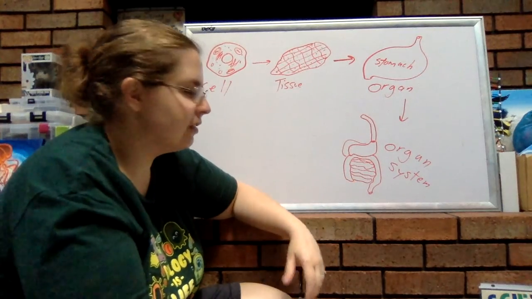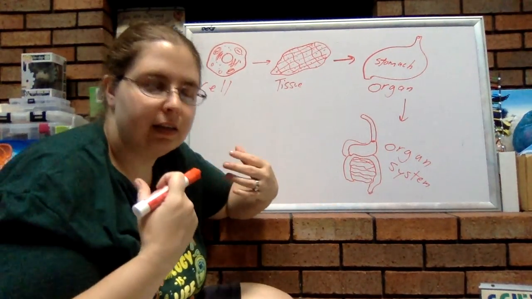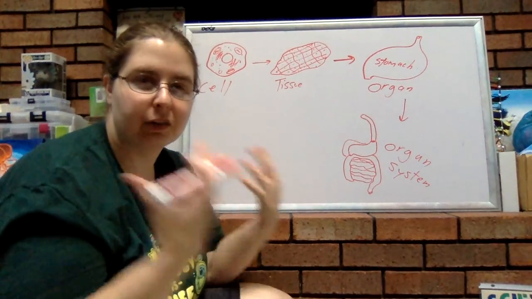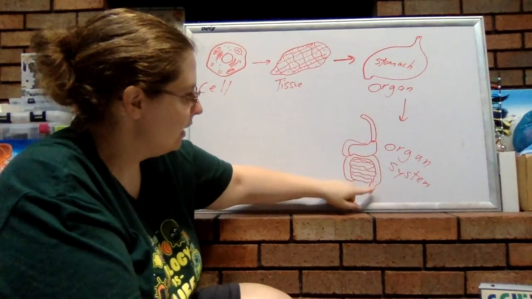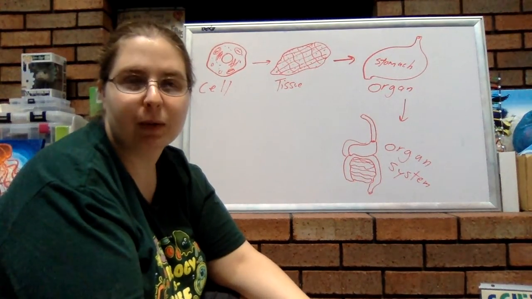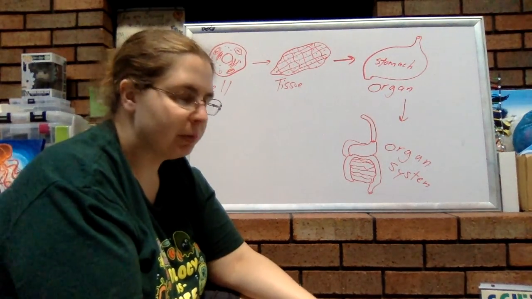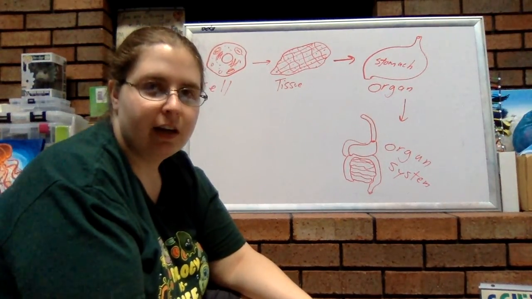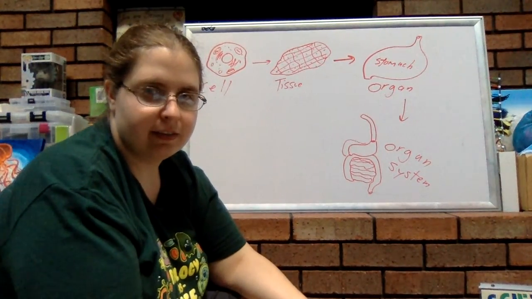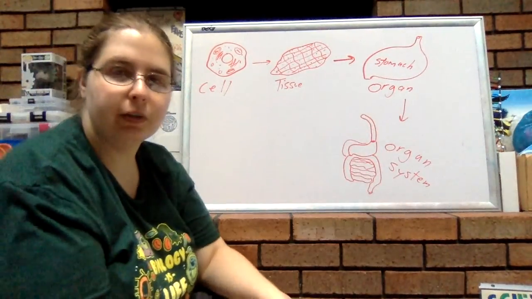The large intestines are going to absorb excess water back from the waste products to dry it out and also to keep the body hydrated. And then at the very end, for lack of a better term, we poop out the waste. All of these come together for a particular function, to gather nutrients and get rid of wastes. So this is an organ system. It's made up of multiple organs.